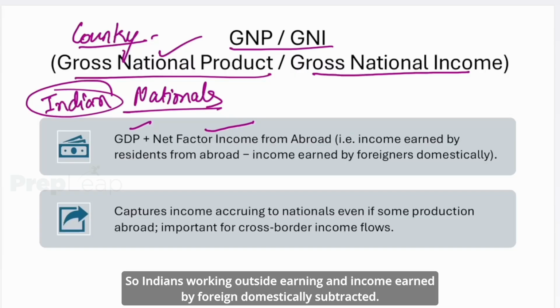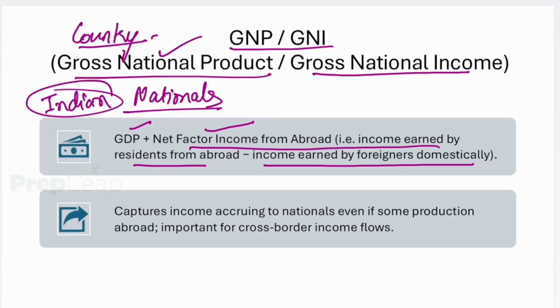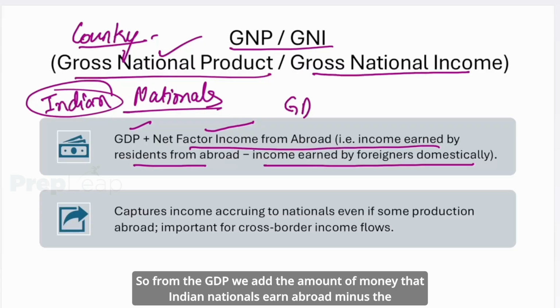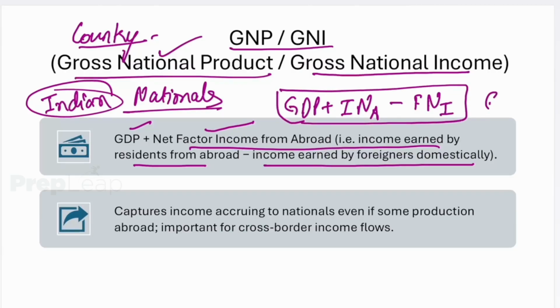So Indians working outside, earning, and income earned by foreigners domestically is subtracted. So from the GDP we add the amount of money that Indian nationals earn abroad minus what foreign nationals earn in India, and that is what we get as GNP.